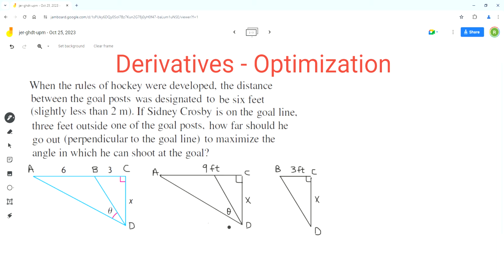The next thing is that we should analyze angle theta in terms of angle ADC and angle BDC.